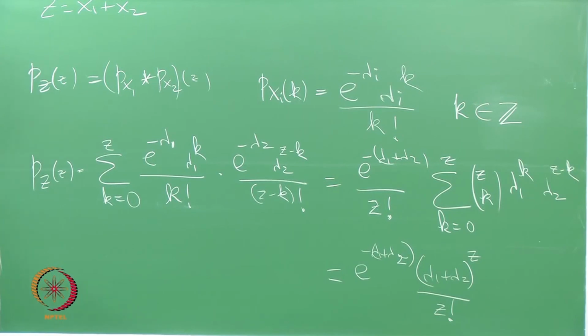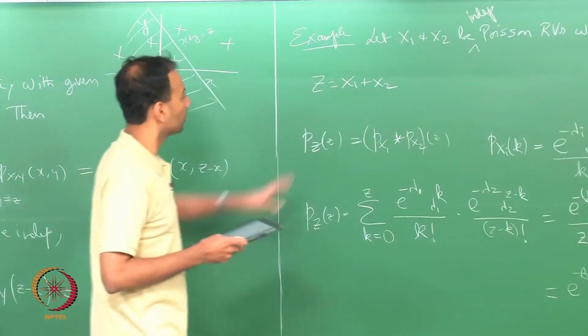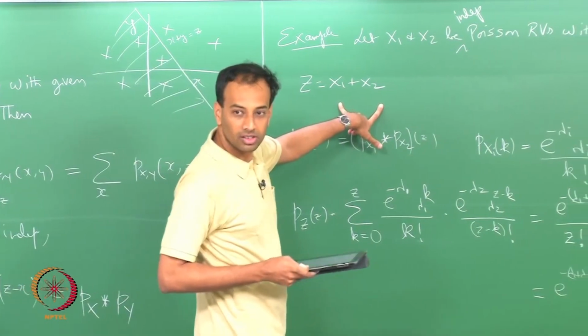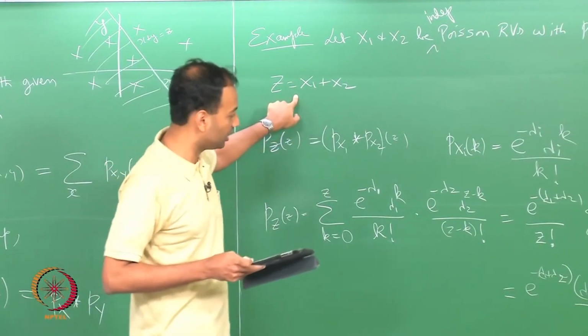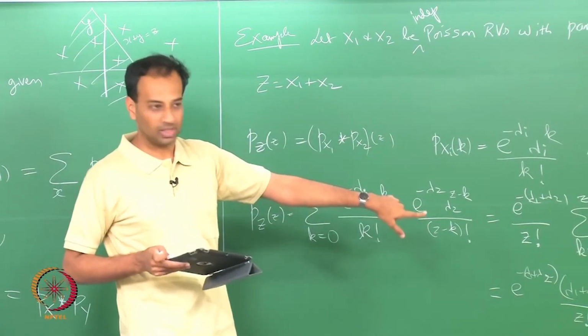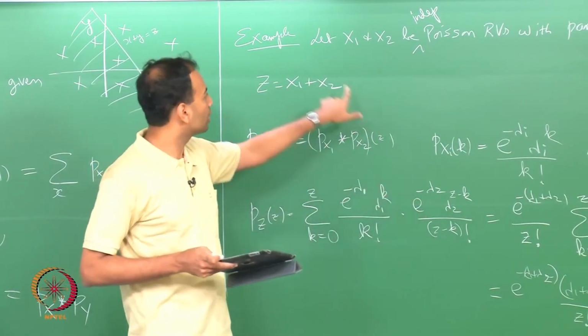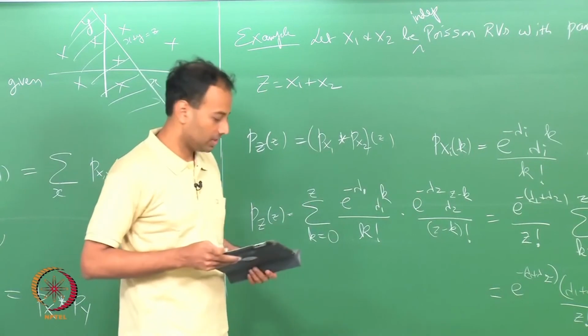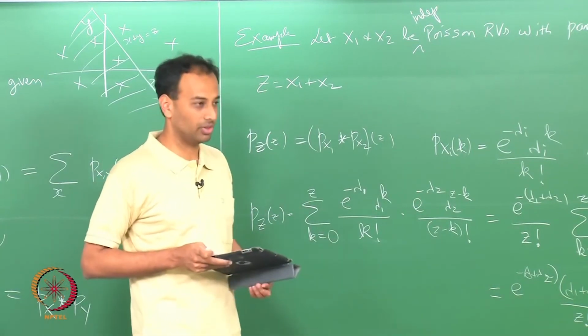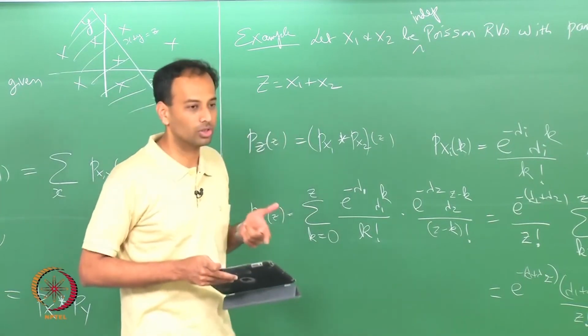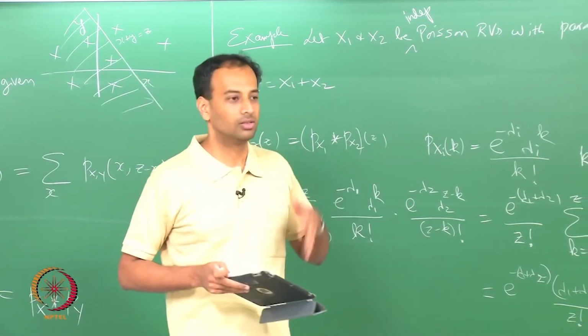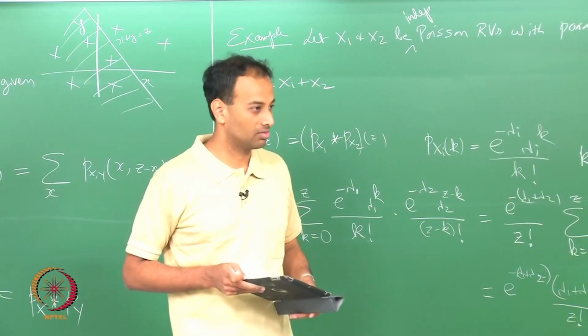So, if you take two independent Poisson random variables, the sum is also a Poisson random variable whose parameter is lambda 1 plus lambda 2. In fact, you can show that this holds even for the sum of n independent Poisson random variables with parameters lambda i. The sum will also be Poisson with parameter the sum of those lambdas.